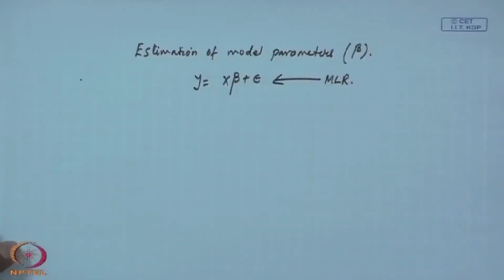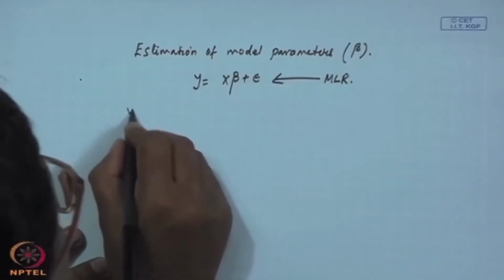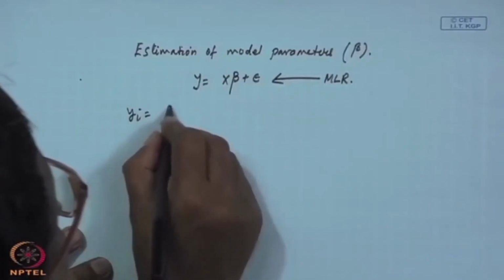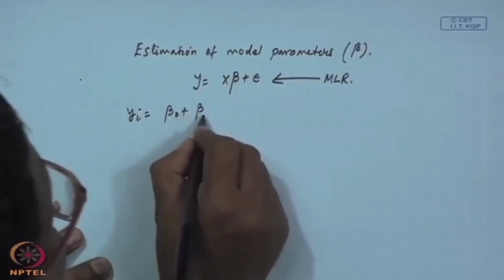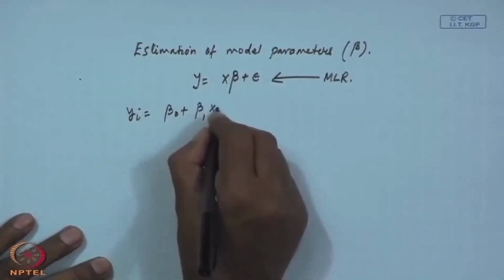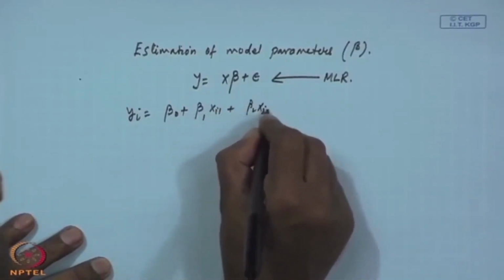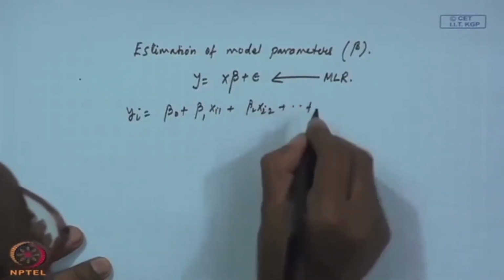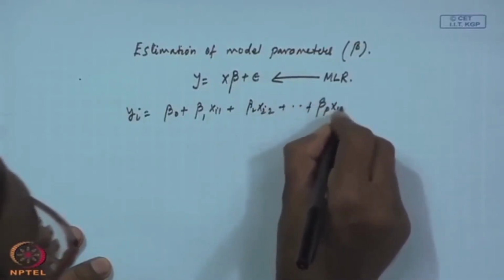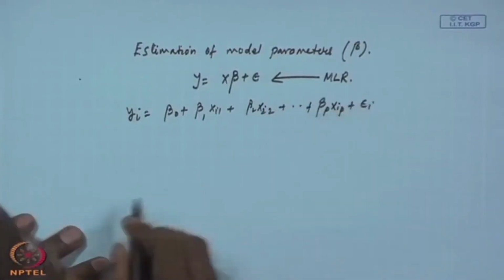If you recall, we say y i is beta 0 plus beta 1 x i1 plus beta 2 x i2, and so on up to beta p x ip plus epsilon i.